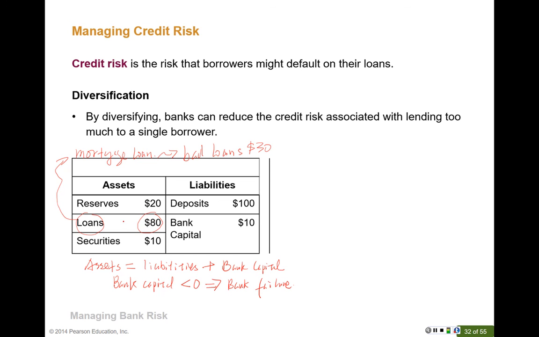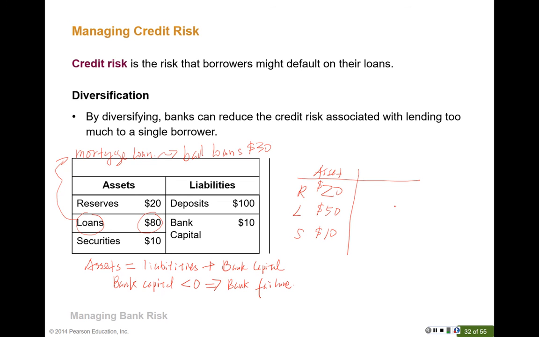So for the remaining loans, we can see here on the asset side, reserve is 20, loan value now becomes 50 because the $30 loans turned into bad loans, and security is still $10.